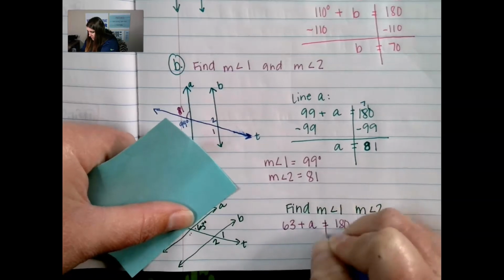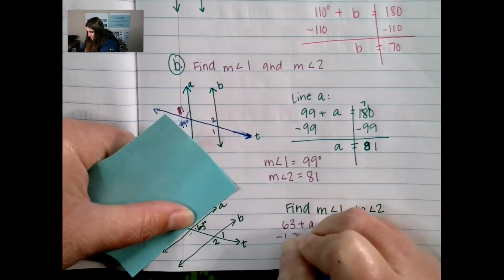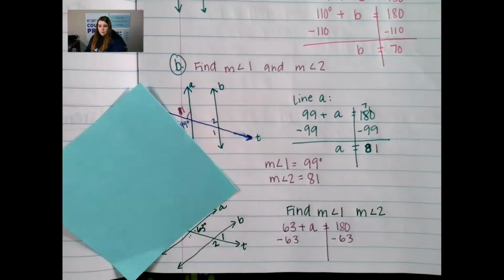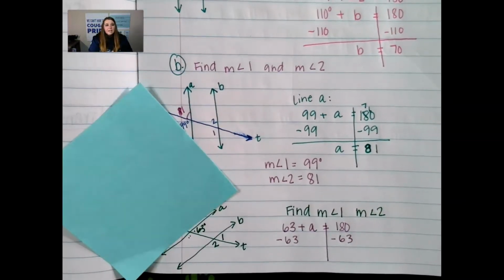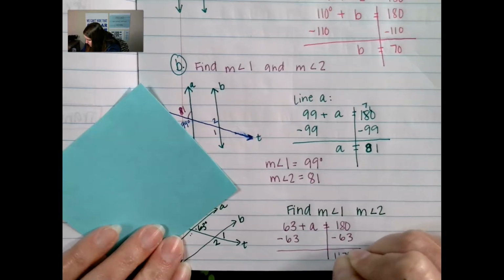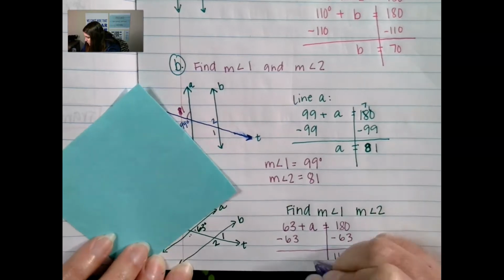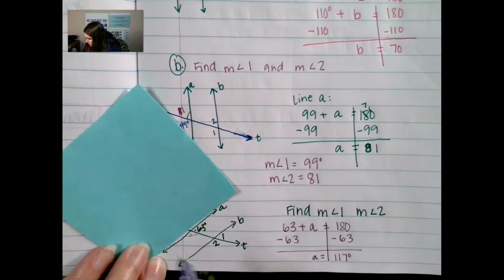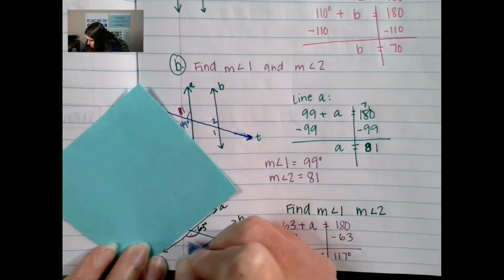So if I draw my line and subtract 63 from both sides of my equation, I get 117 degrees.